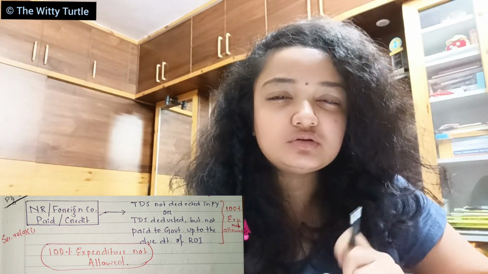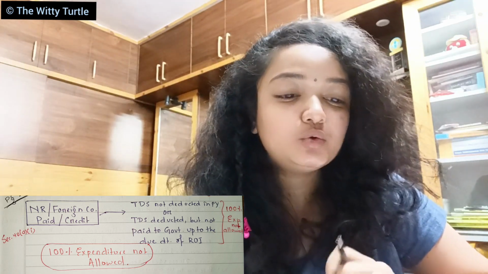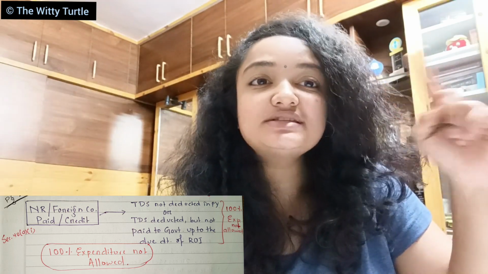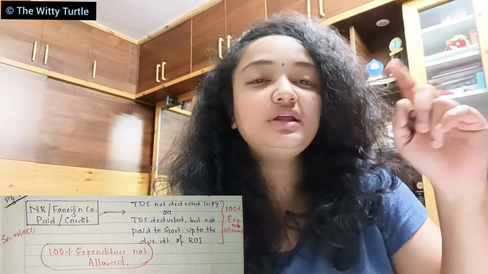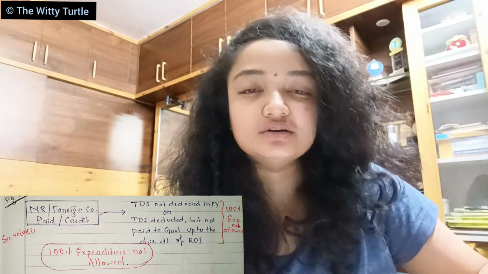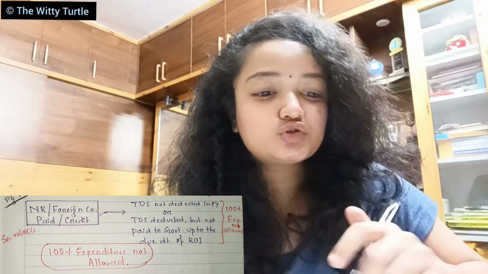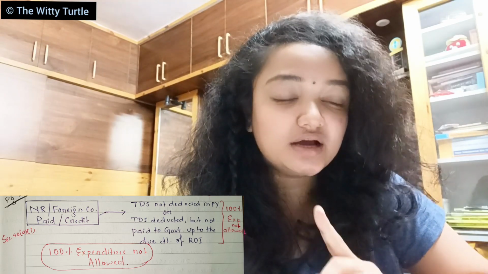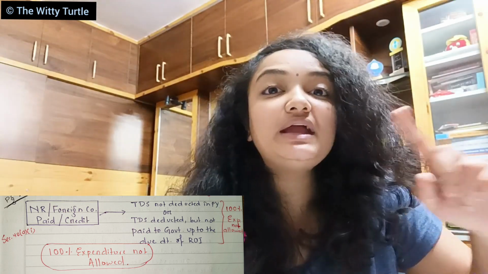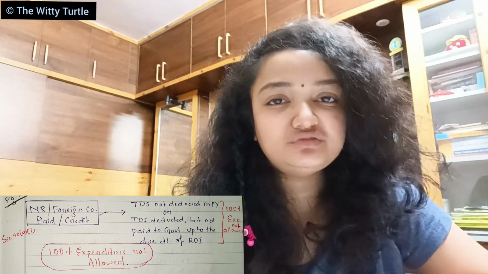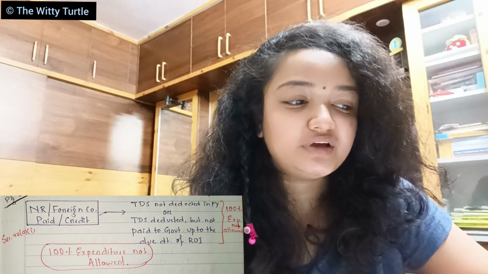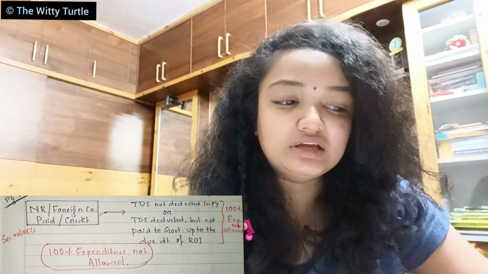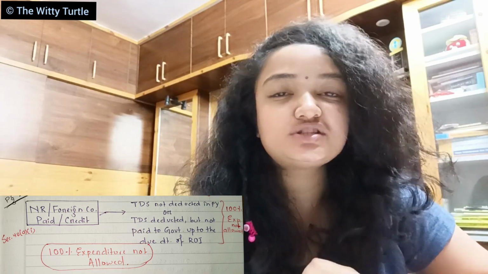Now another small provision says that where the tax has been deducted in any subsequent years, for example in any of the next upcoming years, or if the tax has been deducted but paid after the due date of return filing, then such sum shall be allowed as deduction in computing the income of the previous year in which such tax has been paid.